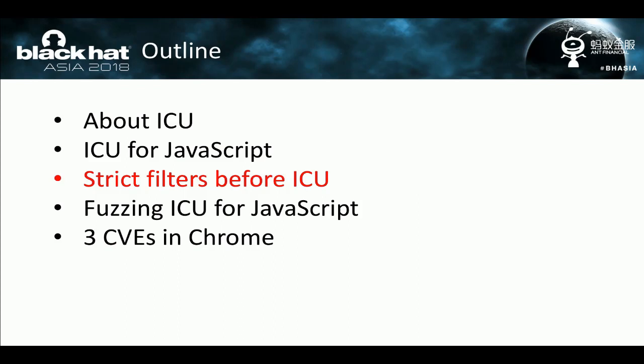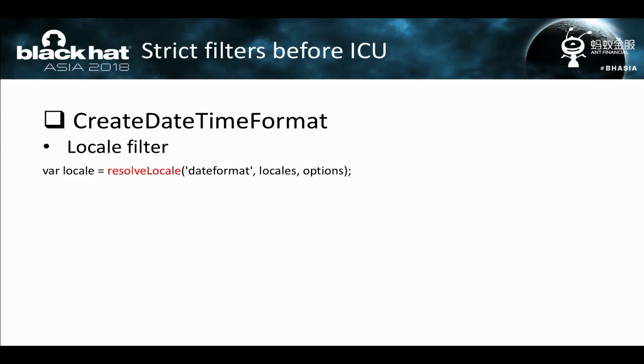The next part is I will introduce the strict filters before ICU in V8 to protect ICU from being attacked from JavaScript. When creating a DateTimeFormat, we pass 2 arguments to the constructor, locales and options.